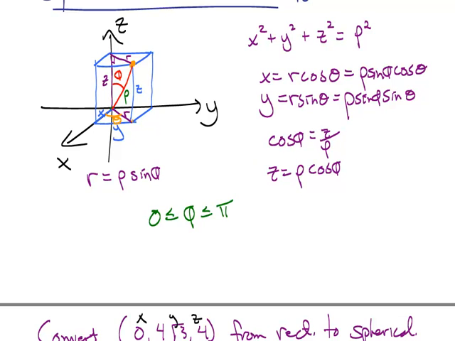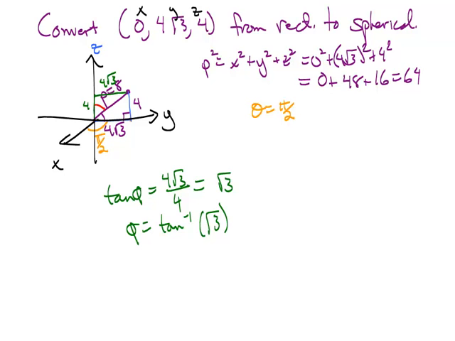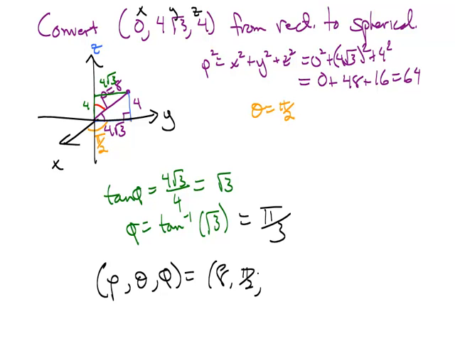We can't go past the negative z-axis because then we could just come back on the other side. Alright, angle whose tangent is square root of 3, which of course is just pi over 3. So that's the angle there. And so our coordinates, rho, theta, phi, are 8, pi over 2, pi over 3.